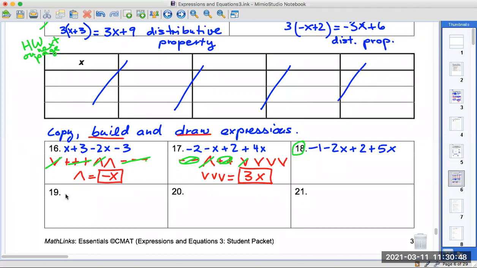Number 19 is a little different. Look at this one. It has a -3 and then x plus 2 in parentheses. So I have x plus 2 groups, but not 3 of them. I have the opposite. So this just indicates opposite of everything you think.